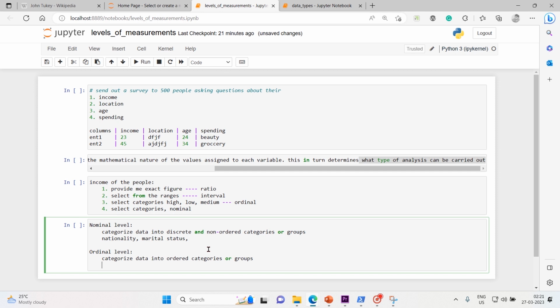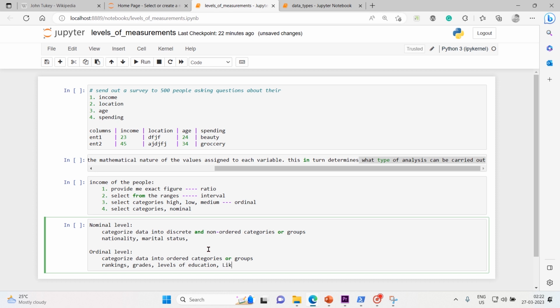Examples include rankings, grades such as A, B, C, or even levels of education such as high school, bachelor's degree, master's degree, and PhD.